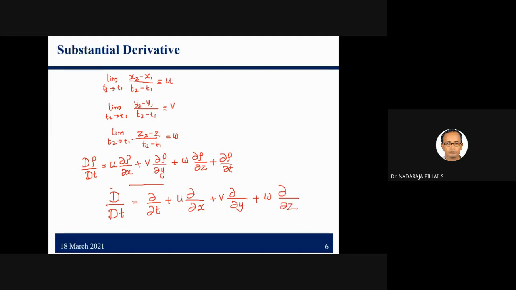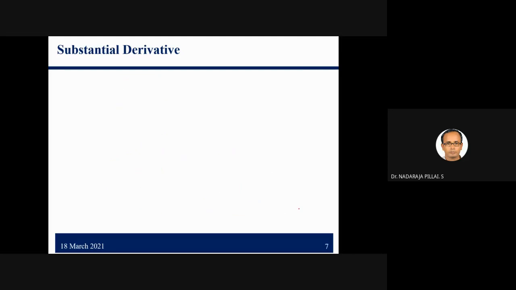Now, say in the Cartesian coordinate system, we can have the vector operator del, right? When we write this vector operator del to express this term, okay, I will write that also. So the del can be represented as i into dou by dou x plus j into dou by dou y plus k into dou by dou z.